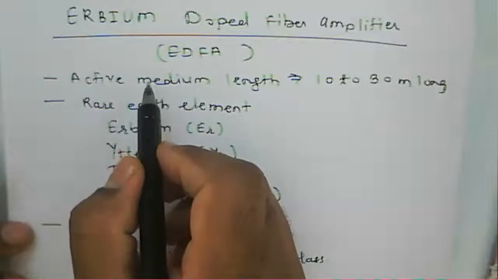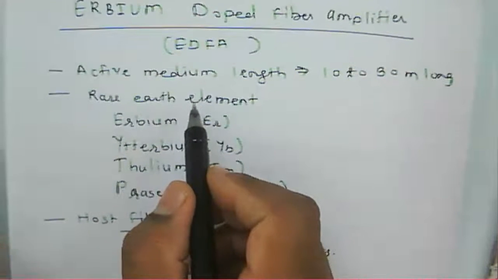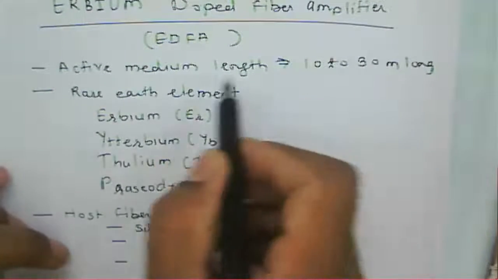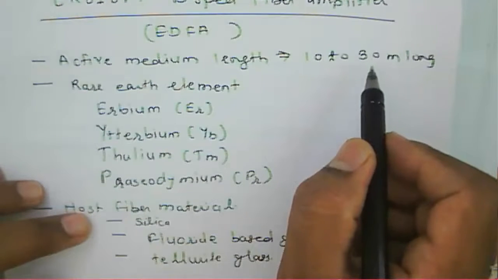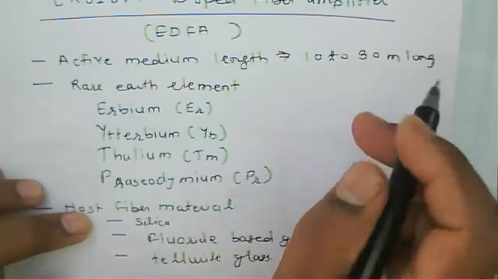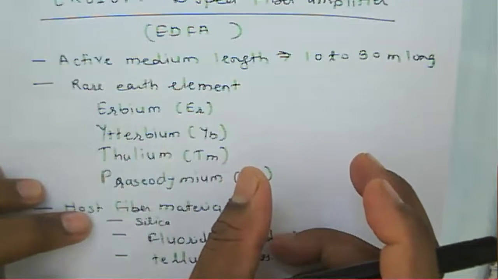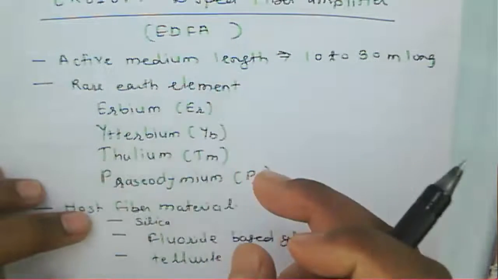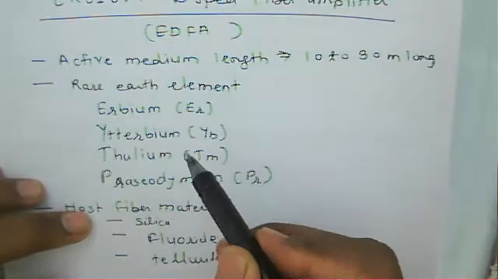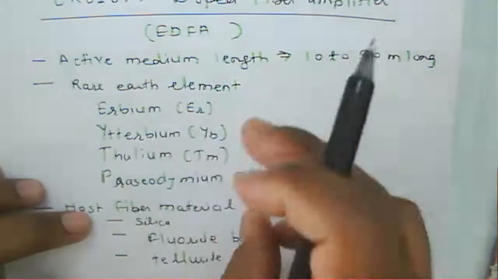We see here the erbium doped optical amplifier. It has an active medium length of 10 to 30 meters, and that erbium doped material that is used is called a rare earth element, which is lightly doped in this mechanism.